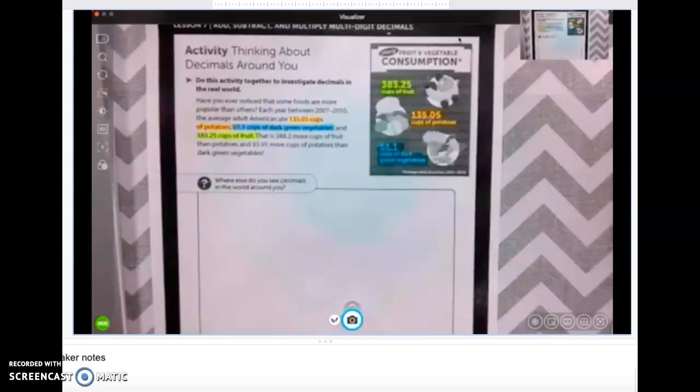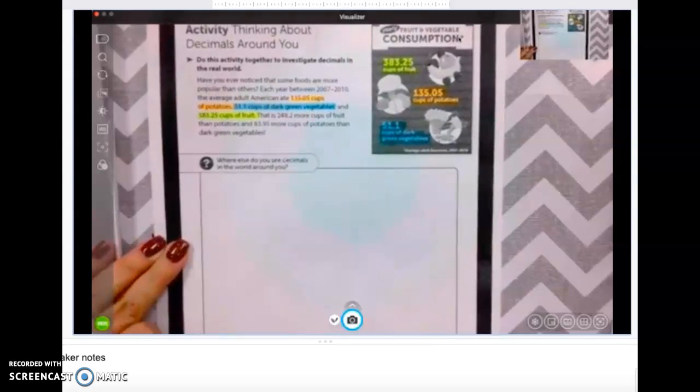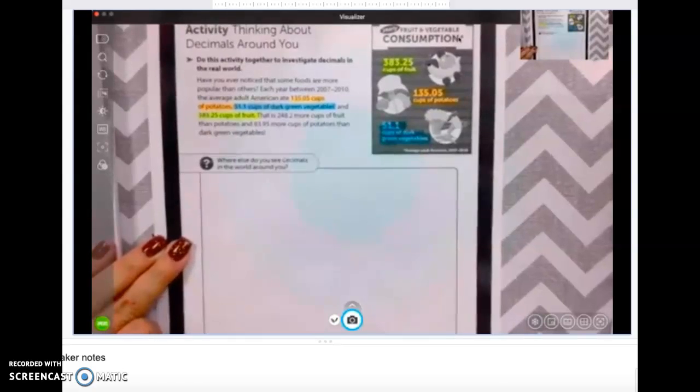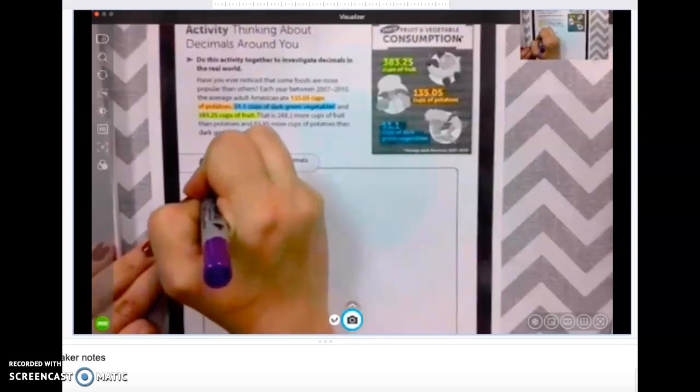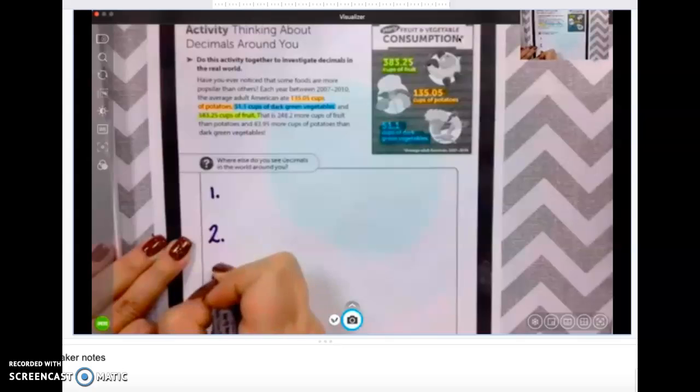What I want you to think about for the end of this activity is, where else do you see decimals in the world around you? And I want you to think about all the different places where you might find decimals. And I would like you to give me 3 examples.